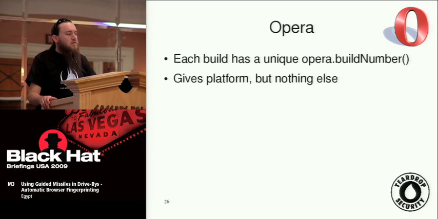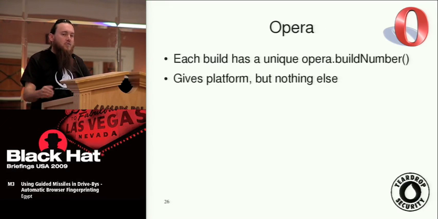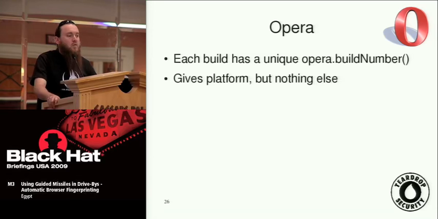So we can look at the user agent, and if the user agent says it's Windows and it's 9.61, and our object detection tells us that it's Windows and Opera 9.61, then we can be fairly confident that the rest of the operating system stuff in the user agent is going to be truthful. So using that, we can build a fairly reliable, though not 100%, detection for Opera on Windows or Linux or whatever.